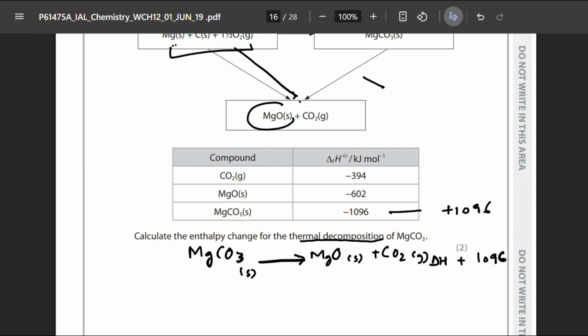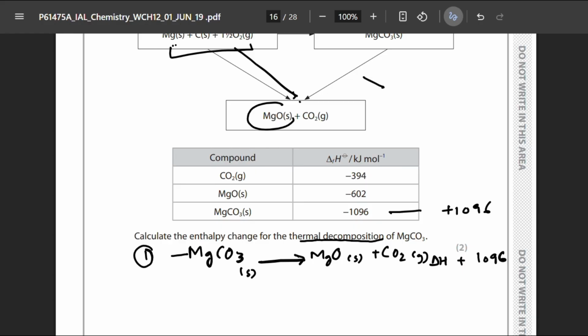And the value of delta H is 1096. The sign changes because for the formation the value is negative 1096 and for decomposition it's positive 1096 kilojoules per mole. Now you have the first equation.